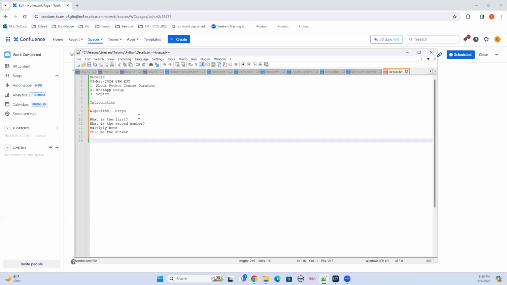Like the algorithm, we call it a pseudocode or a flowchart. I'll come back to the flowchart later, but whatever you write in the algorithm, when you write it as a picture, that is called a flowchart.